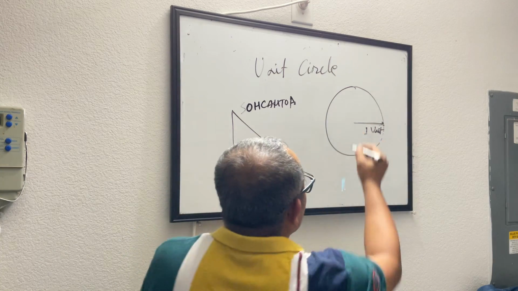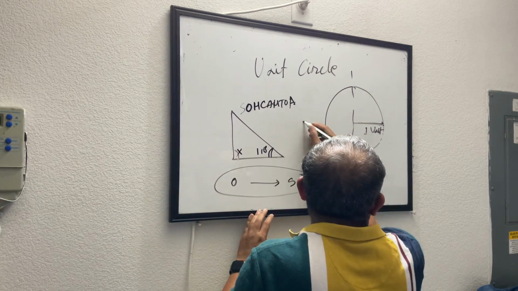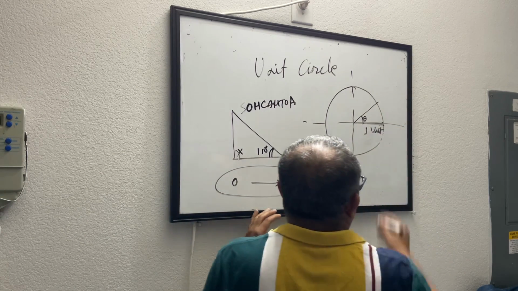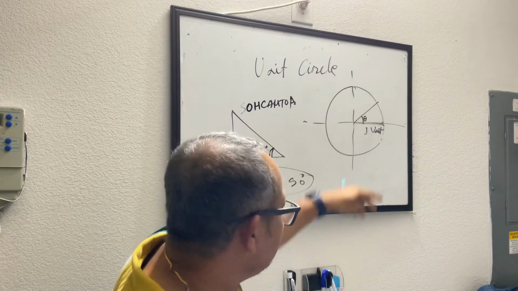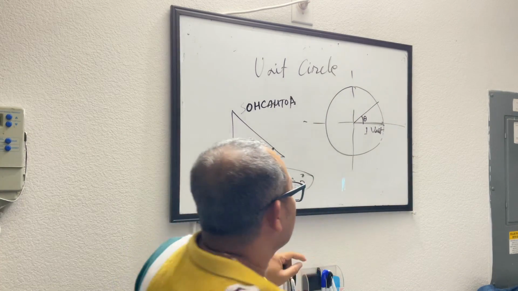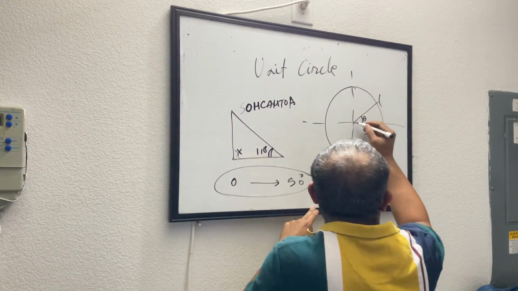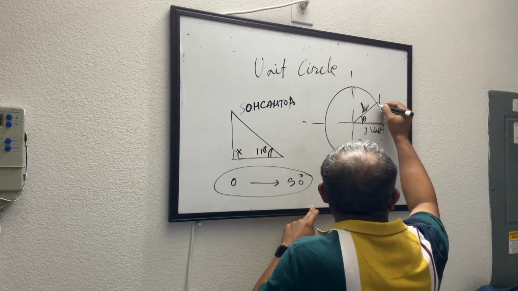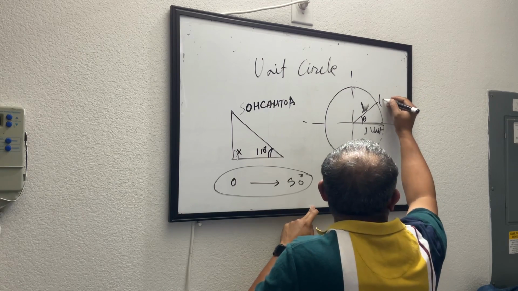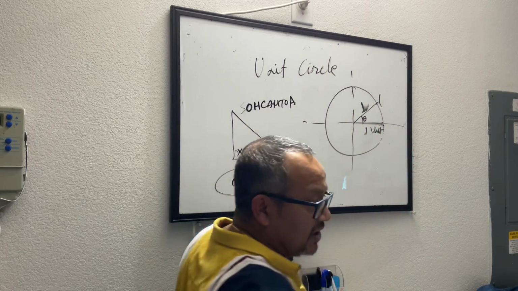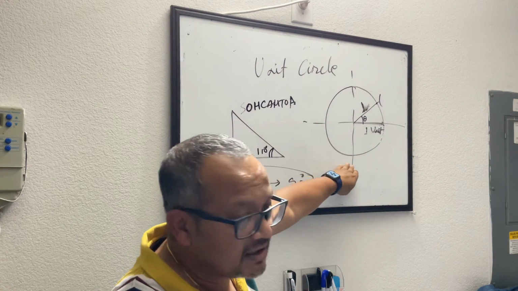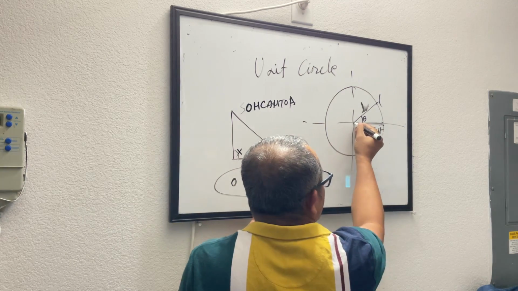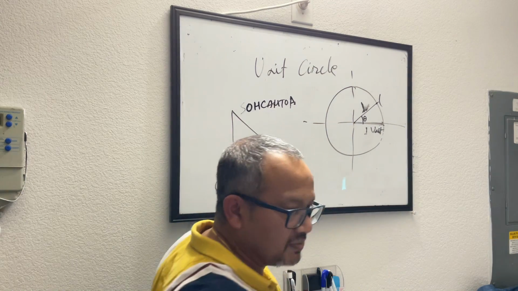This is where, now if you imagine this and say, if I find out this angle and find out the value, we'll talk about that in detail. Let me just tell you one thing. If I'm talking about unit circle where radius is equal to 1, unit circle is to be visualized in the coordinate plane, and the center of the circle coincides with your origin on the coordinate plane.